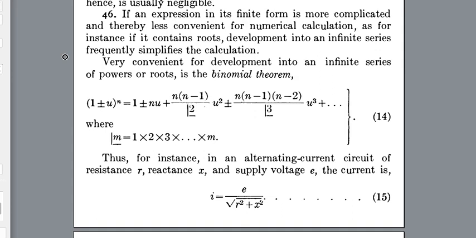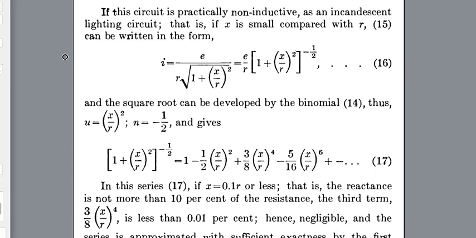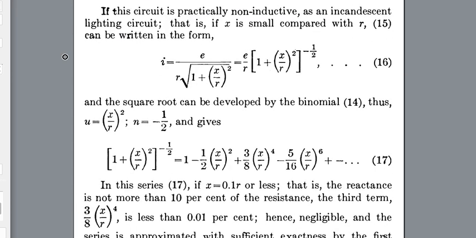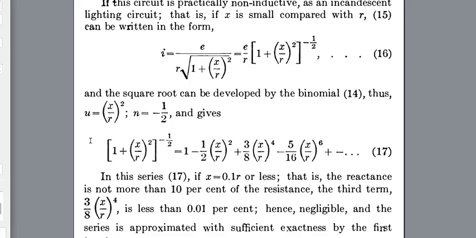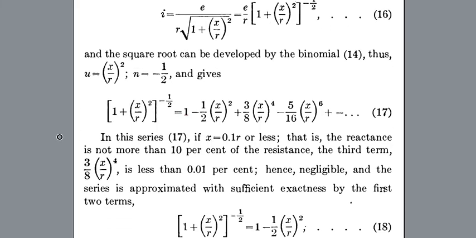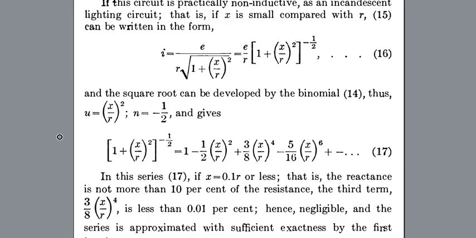Thus, let u equal the square of the fraction X divided by R, and let n equal negative 1/2, which gives the quantity 1 plus the square of the fraction X divided by R, raised to the power of negative 1/2 equals 1 minus 1/2, multiplied by the square of the fraction X divided by R, plus 3/8 multiplied by the fourth power of the fraction X divided by R, minus 5/16 multiplied by the sixth power of the fraction X divided by R, and so on.